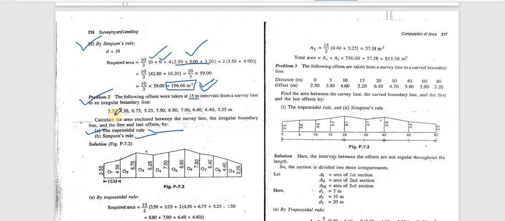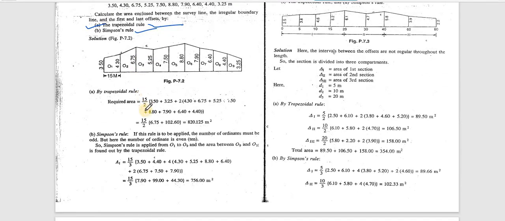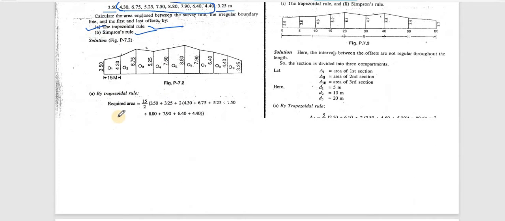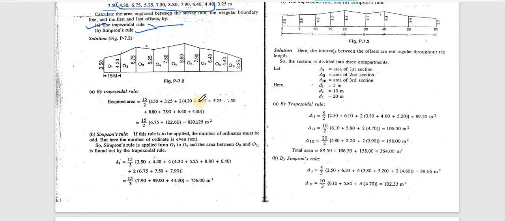So common distance by 2, first ordinate plus last ordinate plus twice the sum of other ordinates. You can see that this is the first ordinate, this is the last ordinate, and these are all the other ordinates. That will give you the required area, which is coming out to be 820.15 meter square.